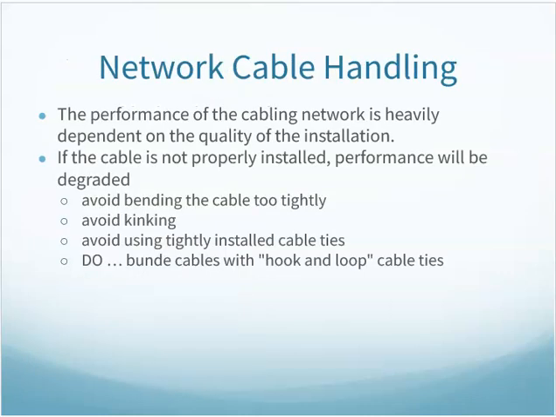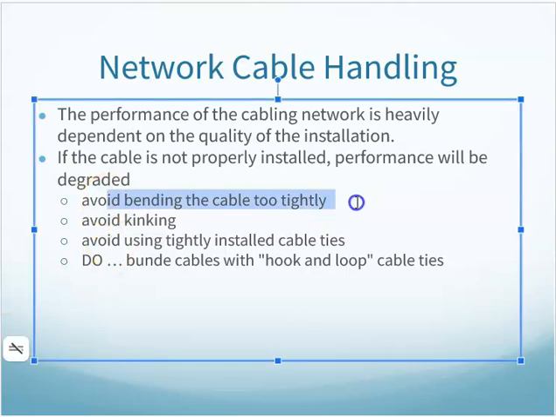As I'm pulling network cabling, and we talked about this a little bit when we did our horizontal cabling lab, I need to make sure I'm handling it gently and that I don't have any sharp bends. I don't kink the cable. Any bending or kinking, the wires inside, which twist together, actually start flattening out, and for a brief slice of distance you're negating the twisting of those wire pairs.